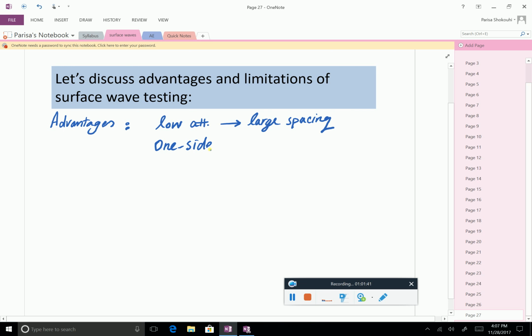If you are interested in the near surface properties, it's a very easy thing to do. You just use surface waves and you get the properties. So it's great for near surface properties.